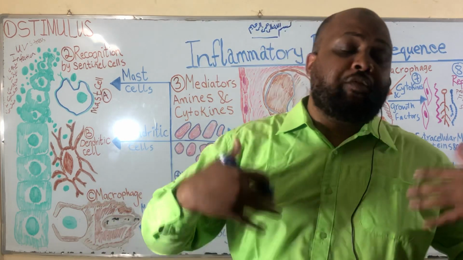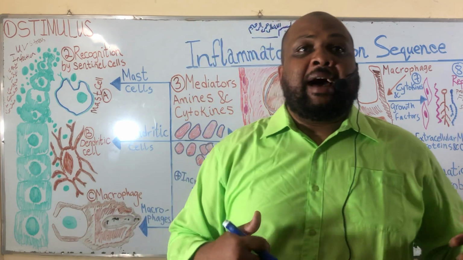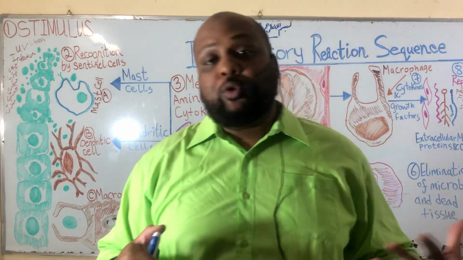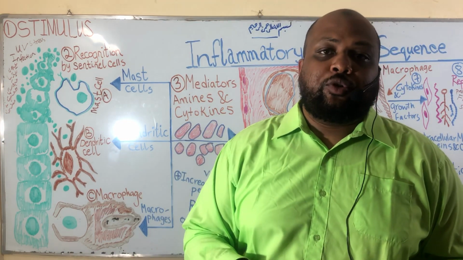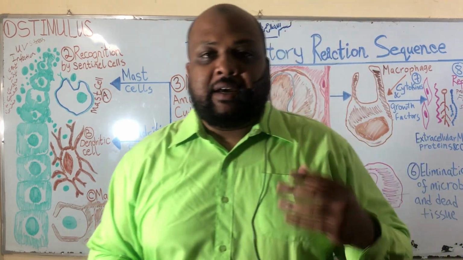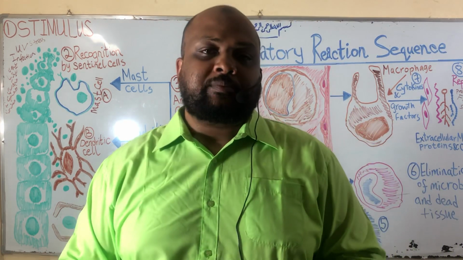If the cell can overcome that stressful stimuli, it will be a reversible injury. The cell will go right back to a normal homeostatic cell. However, if the cell is damaged, then it will be irreversible injury.